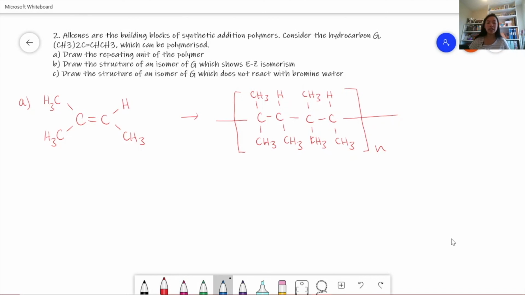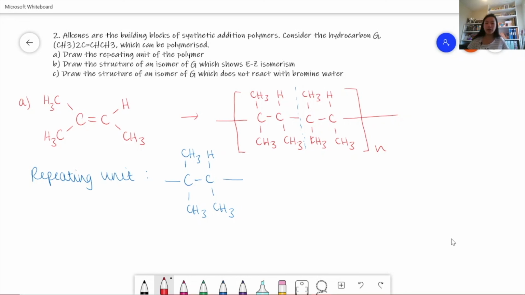And so we see that the repeating unit is actually half of this, because it repeats. And so the repeating unit is carbon, carbon, methyl, hydrogen, another methyl, and another methyl. So this is our repeating unit.